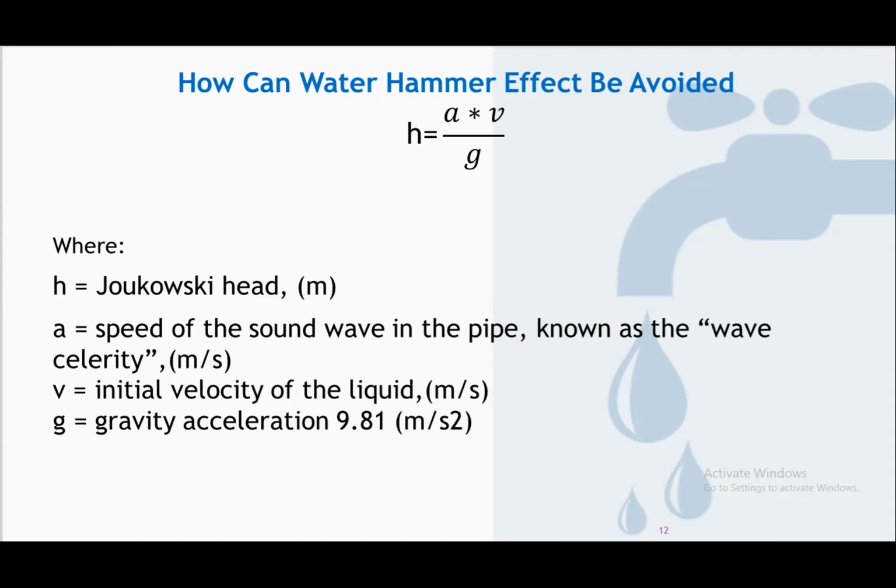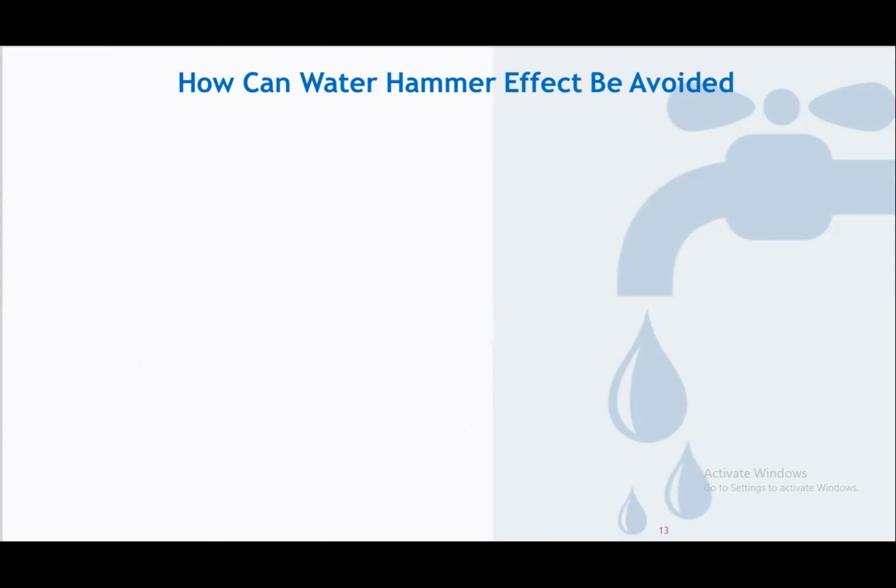And if we say we have V of 2 meters per second and G of 9.8, we might have 1,300 meters as a head pressure. Can you imagine the value? It's a really high value. And the most significant value in this equation is the wave celerity. So we have to know what affects the wave celerity.